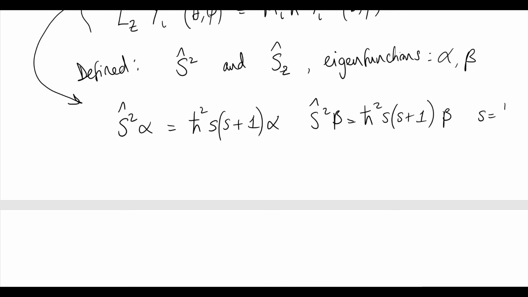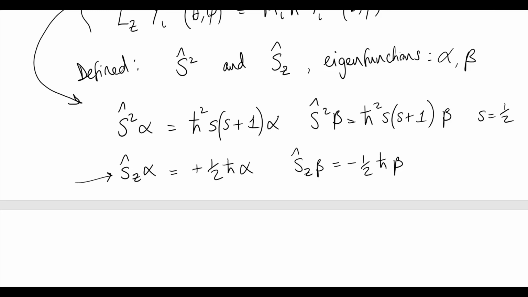And we have s is equal to a half in here, and we'll also recognize Sz hat alpha equals plus 1/2 h bar alpha, and similarly Sz for the wave function beta is equal to minus 1/2 h bar beta. So we must recognize as well, by the way, these are uppercase S's.